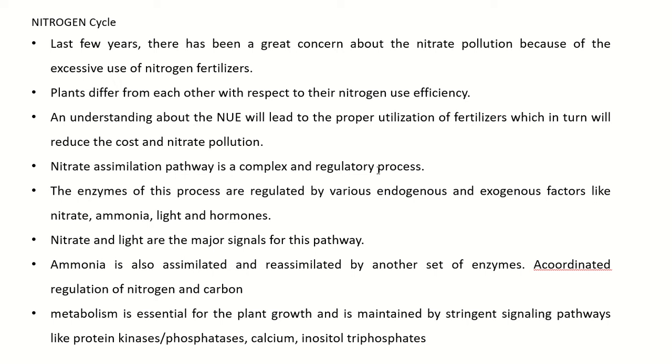As you know, there are different types of plant species: cereals, oilseeds, pulses. Generally, we know that leguminous plants have a higher ability of nitrogen utilization because they have leghemoglobin in root nodules, and they can absorb nitrogen from the atmosphere. But not all plants are leguminous or have root nodule systems, so this has to be optimized.